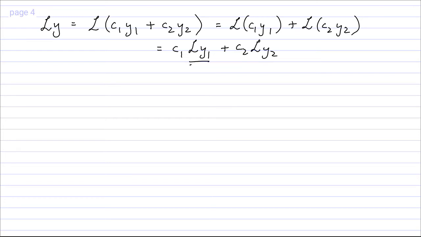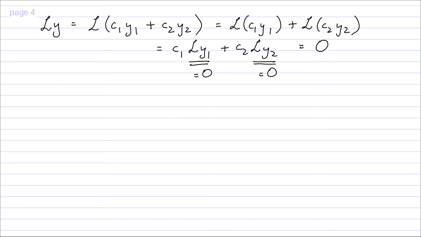But L y1 is equal to 0 because you are assuming that y1 is a solution of your homogeneous second order linear equation, and L y2 is also equal to 0 because again you are assuming that y2 is a solution of your homogeneous second order linear differential equation. That's why you're getting 0. So this whole thing is 0.